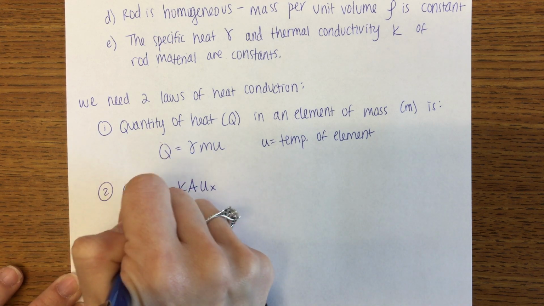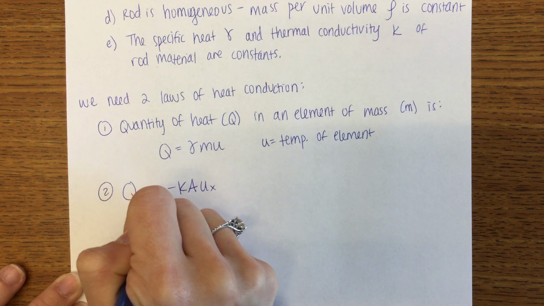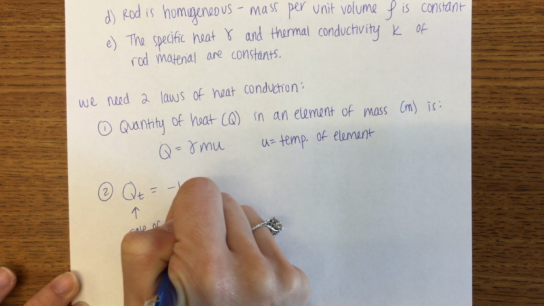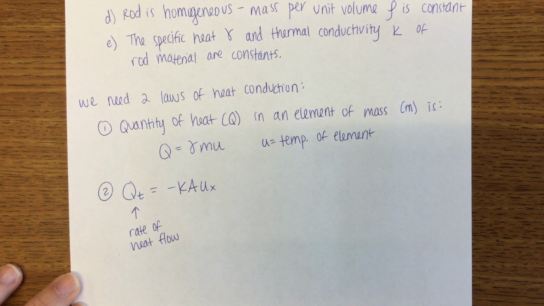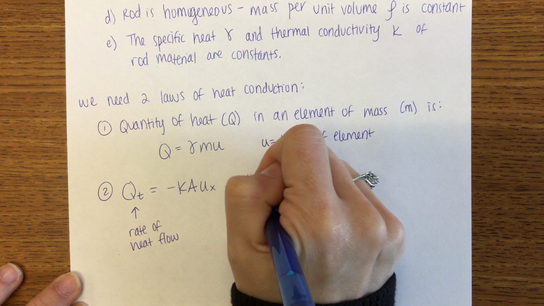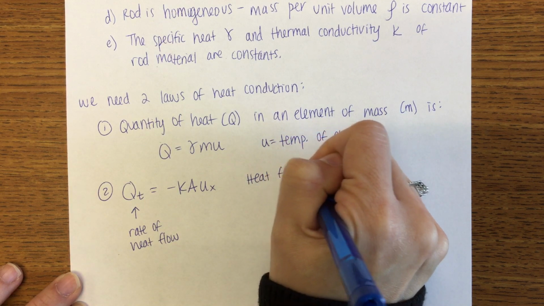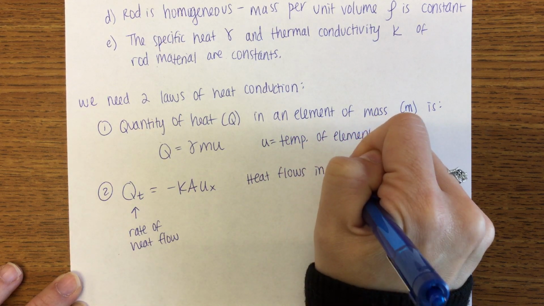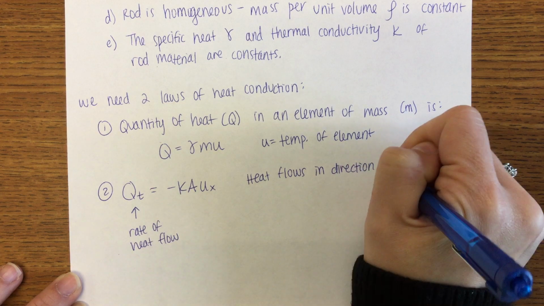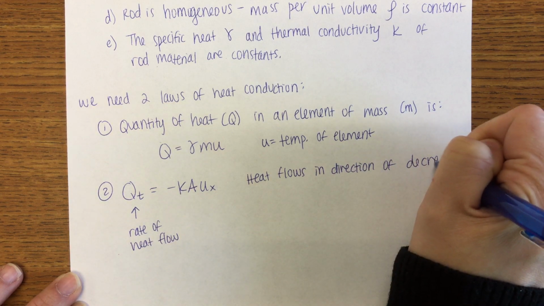Q of T is the rate of heat flow. So overall, this tells us that heat flows in the direction of decreasing temperature.